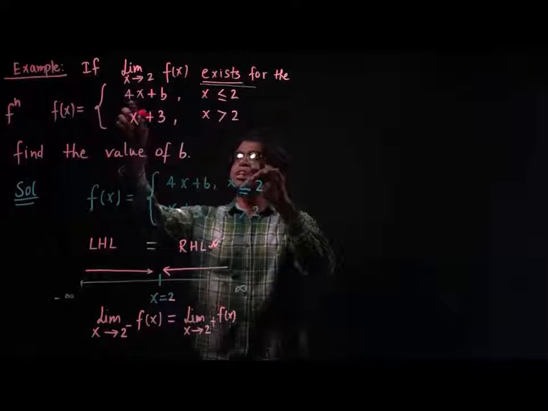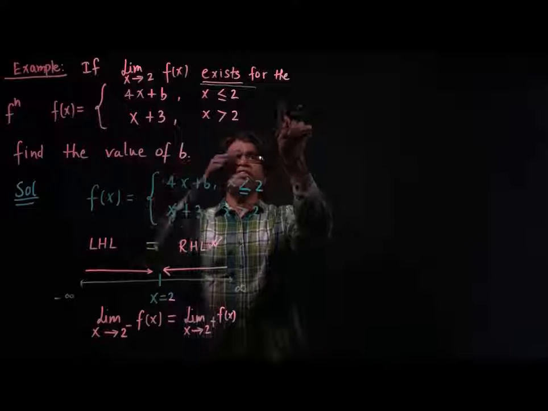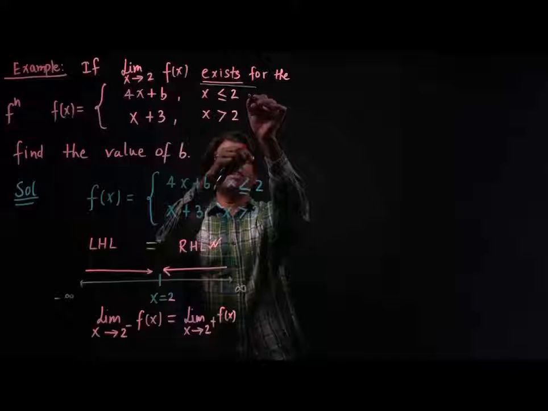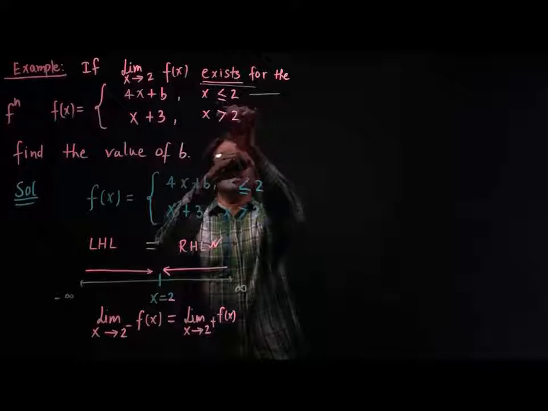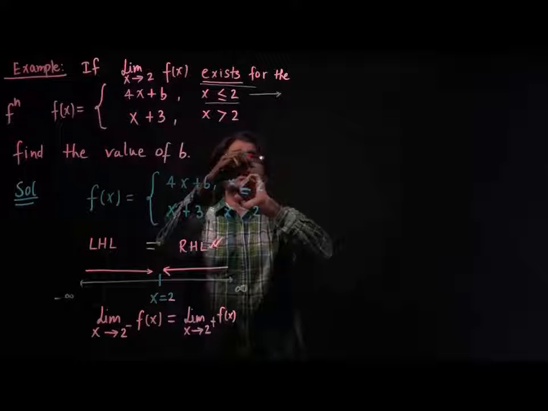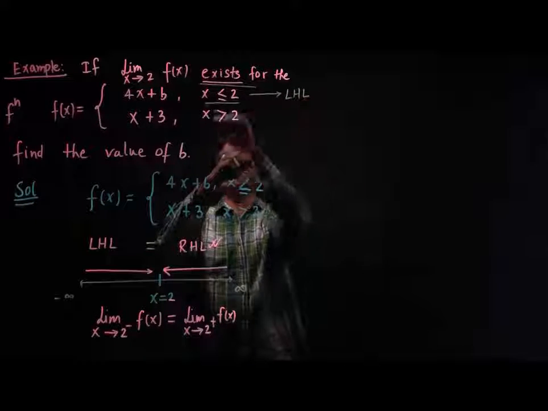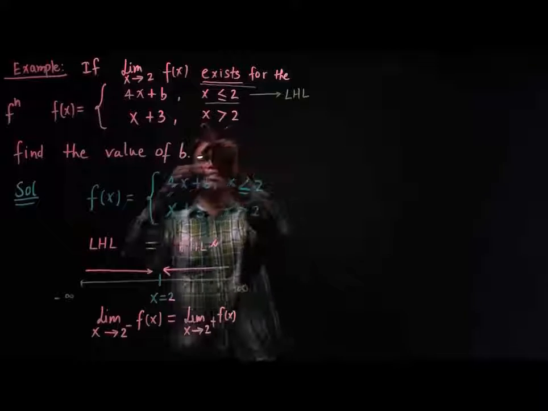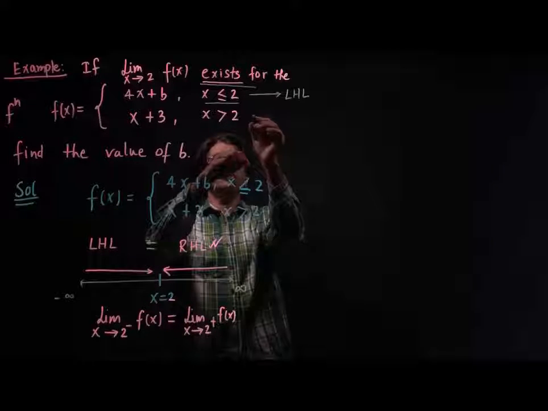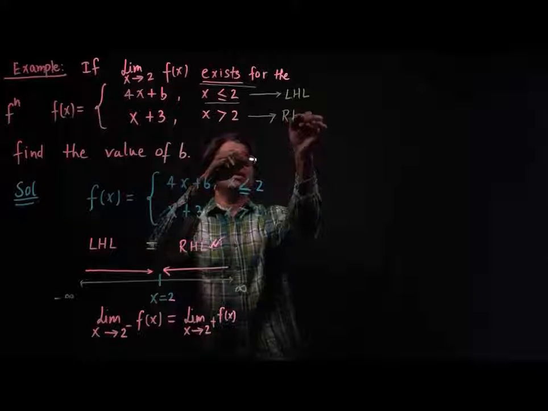As you can see, the function is a piecewise function. When we approach from the left, x is less than 2, so we need to find the left hand limit using this part of the function. And for x greater than 2, we are finding the right hand limit at this point.